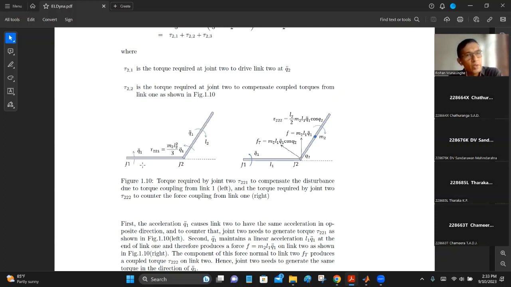The first diagram on the left, if you look very closely, we start from link 1 and there is this acceleration, Q1 double dot. So this acceleration goes to all of the links on top of link 1. So link 2 also gets the same acceleration, Q1 double dot.